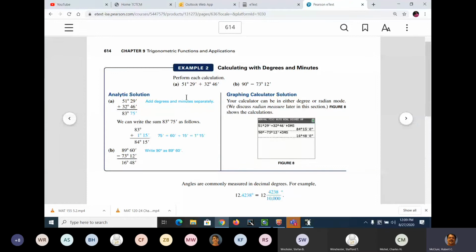Now, a lot of you are saying, well, why is he writing 0 seconds? Well, it kind of helps you, especially right here, to write minutes and seconds because you can't take 12 away from blank. So you got to change this one. B is going to be, and I'm writing this down, I'm going to show it to you in a second. 89, 59, 60 minus 73, 12, 0, 0.